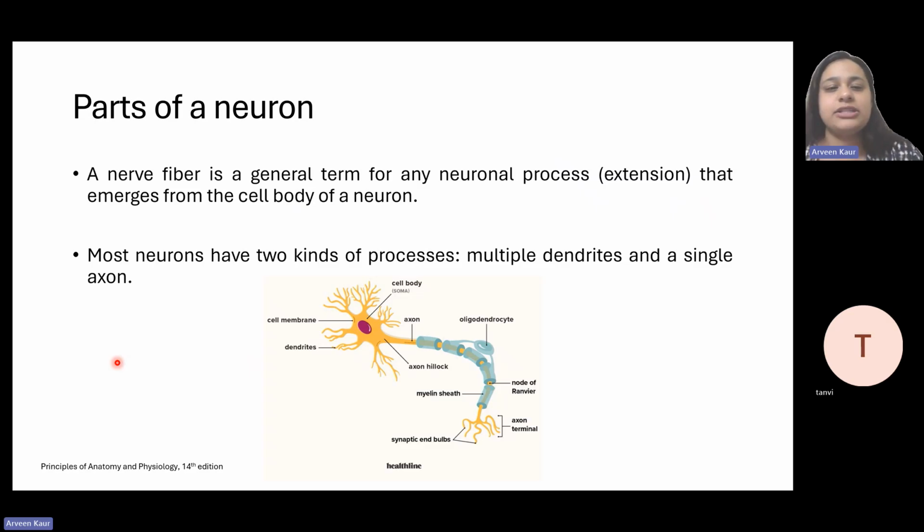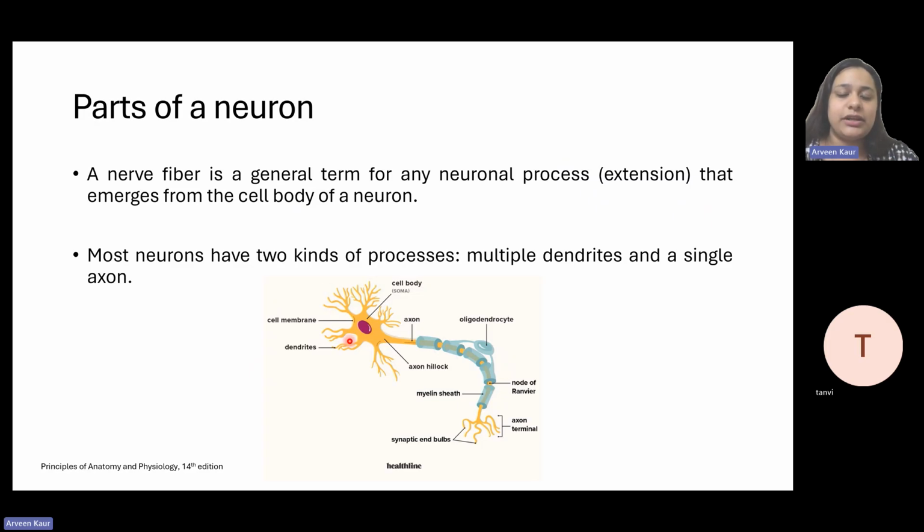Then a nerve fiber is a general term for any neuronal process or extension. So any extension will be known as a nerve fiber, which emerges from the cell body of a neuron. Most neurons have two kinds of processes: multiple dendrites, which are seen over here, labeled as dendrites, and a single axon.